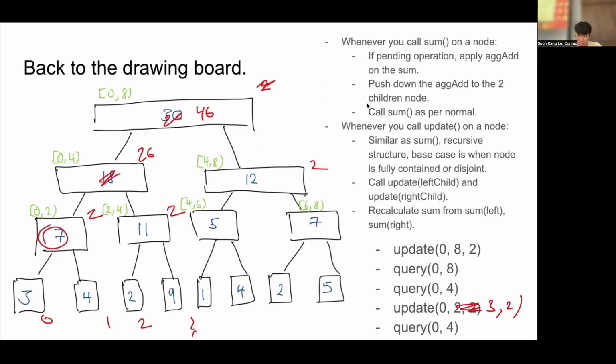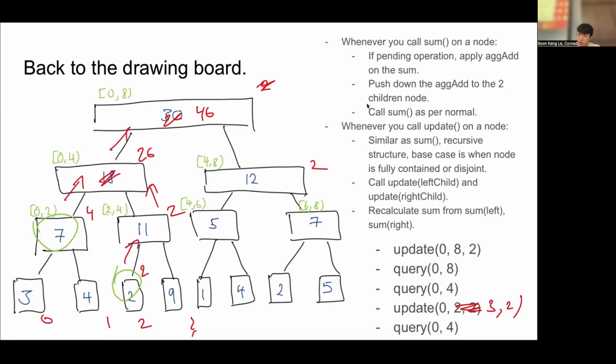Yeah. Okay, so I have to compose the aggregate add into this. 4. I have to compose the aggregate add into this. Then what does this become actually? This becomes 2. Yeah. Then because I've changed these two nodes, I have to figure out how to propagate the answers back up again.